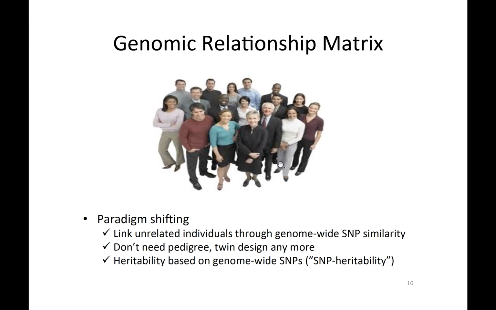But now it is possible to construct the genomic relationship matrix based on genomic information between any pair of individuals that come from the population. Therefore, now it doesn't need pedigree or twin design anymore. A design-free experiment is possible, and heritability or genetic correlation can be estimated based on these genome-wide SNPs.